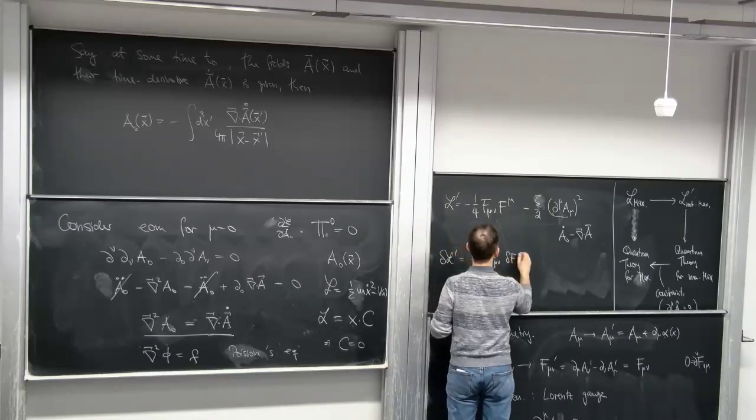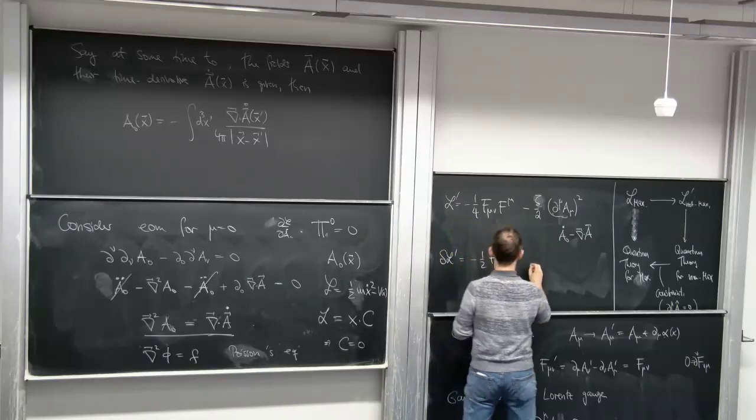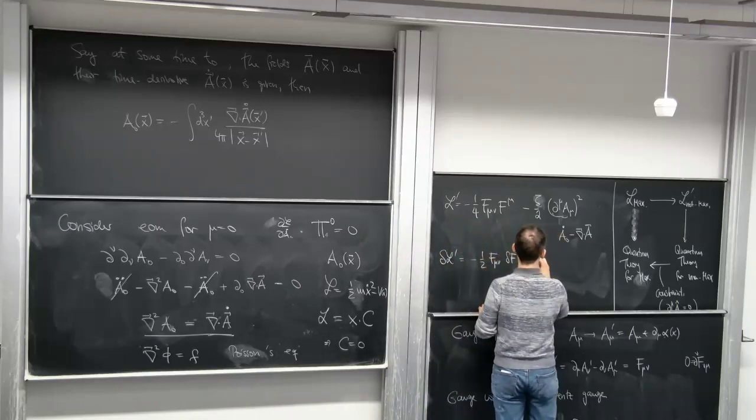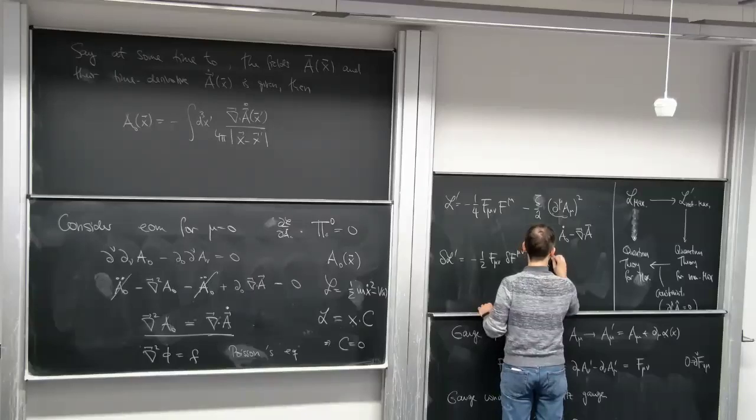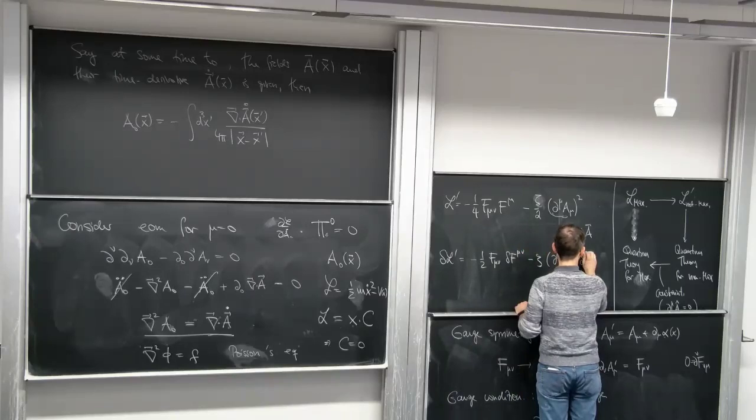So this is delta F mu nu twice. And then I have here minus beta mu a mu e mu delta a mu, and I don't like the mu here.